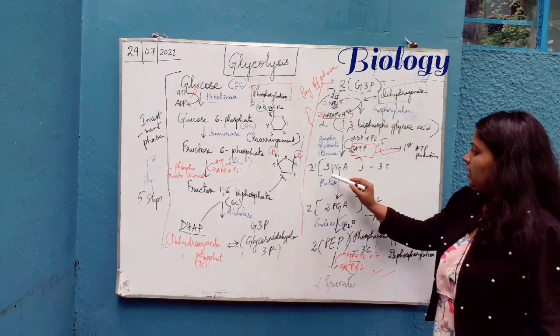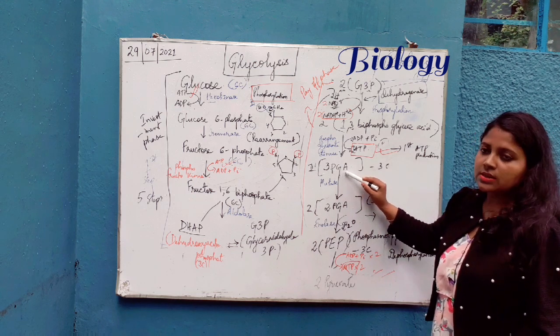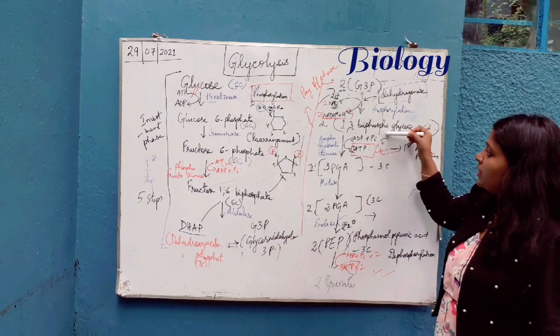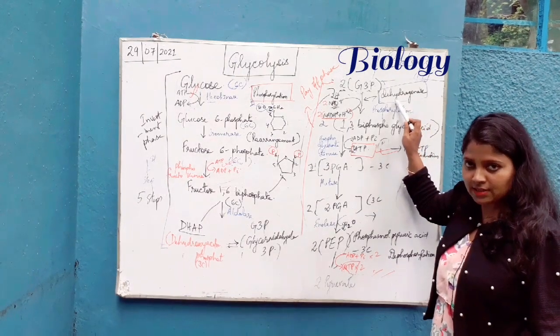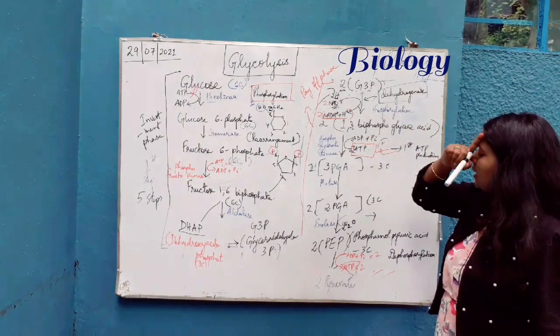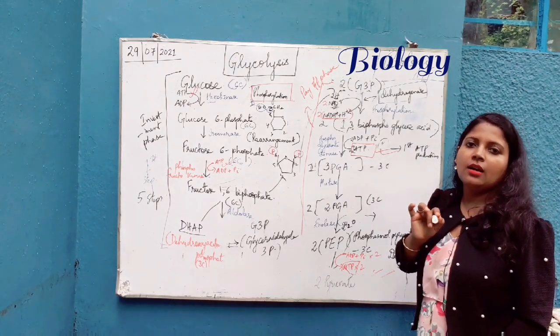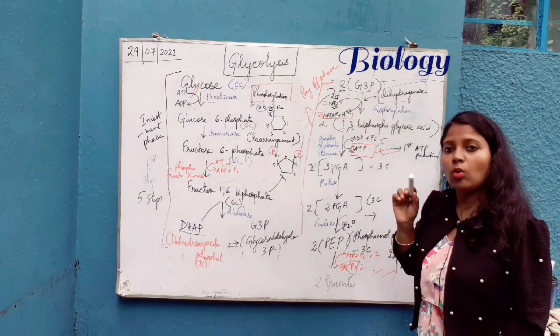Now, this 3 PGA, the phosphoglyceric acid. I have said that the aldehyde group has been converted to glyceric acid because of the dehydrogenase enzyme. Okay, the aldehyde always changes to acid when it undergoes the dehydrogenation process, when it is undergoing oxidation.